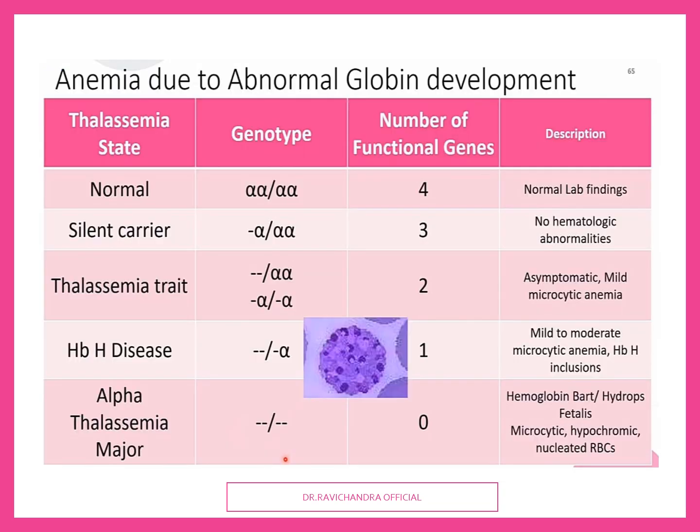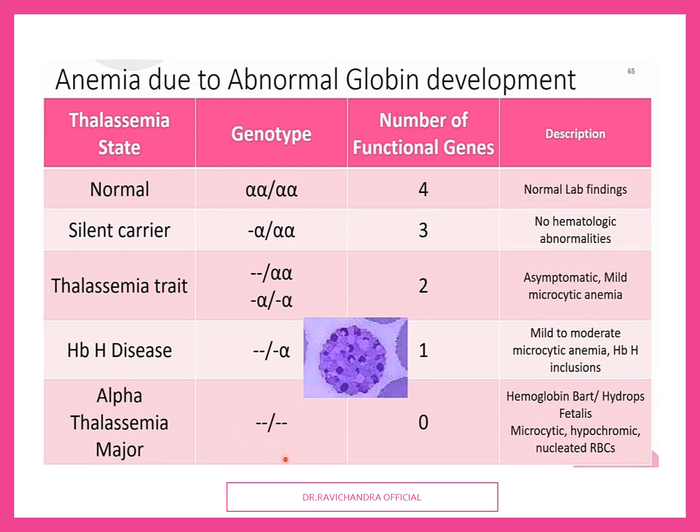Anemia due to abnormal globin component: thalassemia states. It can be alpha thalassemias or beta thalassemias. In the normal state, with all the genotypes, the number of functional genes will be 4, and there will be normal laboratory findings. In the silent carrier state of thalassemias, there will be 3 functional genes and no hematologic abnormalities.